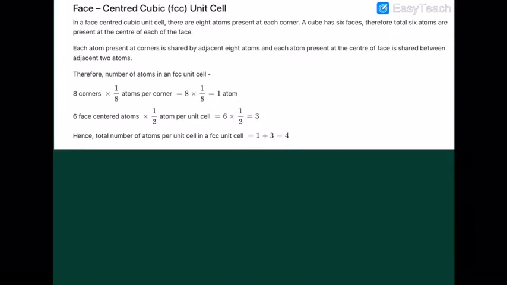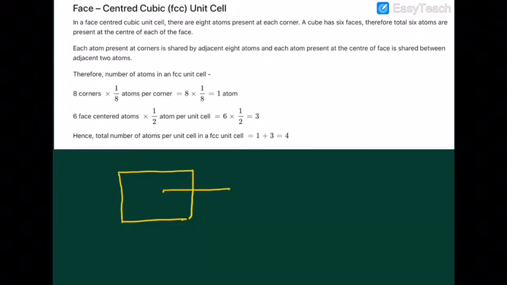Now if you look at the face centered cubic cell, how will you draw that? In the face centered cubic, you have atoms at the center of the faces.